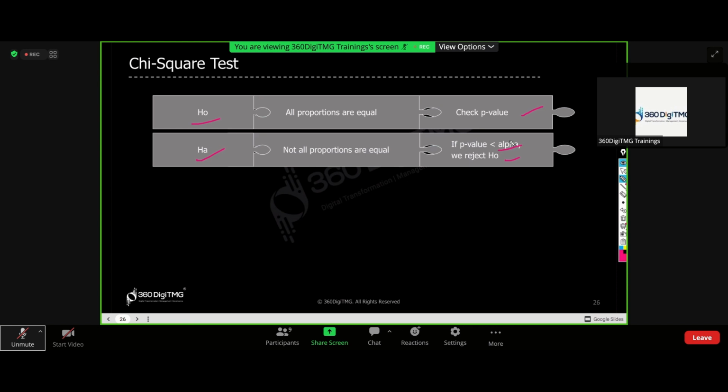What is alpha? 5%. That is, if P is less than 0.05, P low, null go. We will reject the null hypothesis. We will go and take an action. So in simple terms, that is what I said: P low, null go; P high, null fly. Write it in your notebook.